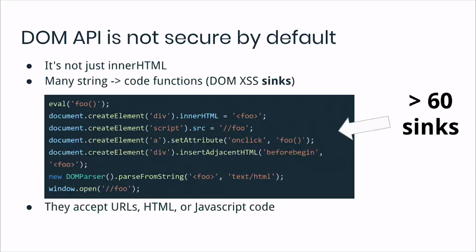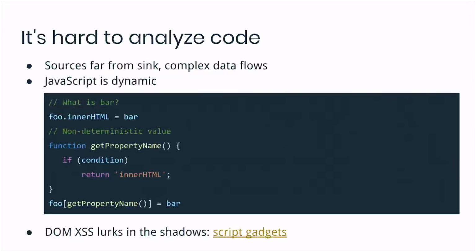But there are others like innerHTML, the src property of the script element, the insertAdjacentHTML property of any element, where the second parameter is HTML, so it gets more complex. You could also parse from string using the DOMParser object. There's window.open, and there's over 60 things. All of them have one thing in common. They accept either a URL, an HTML snippet, or strictly JavaScript code as a string, and then they will process it in a way that will cause JavaScript execution.